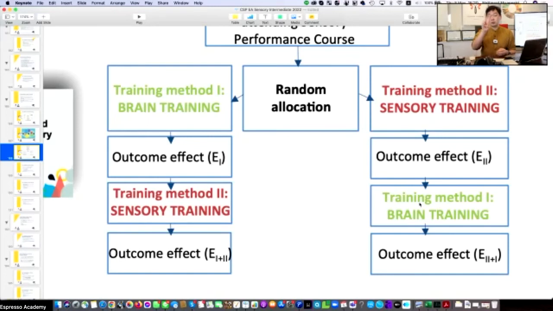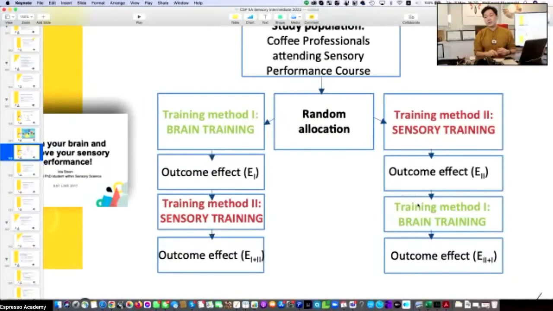So they create 2 groups. One group does the brain first, then practices the sensory. Another group does the sensory first, then practices the brain. And this is being done at doctor level, PhD level, by Ida Steen in Coffee Mind with Morten Marshall. They do it together and they call it sensory performance.